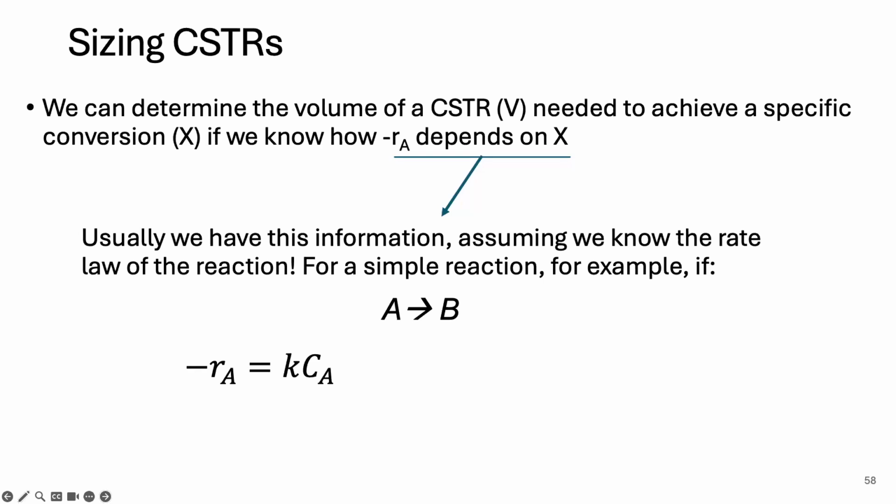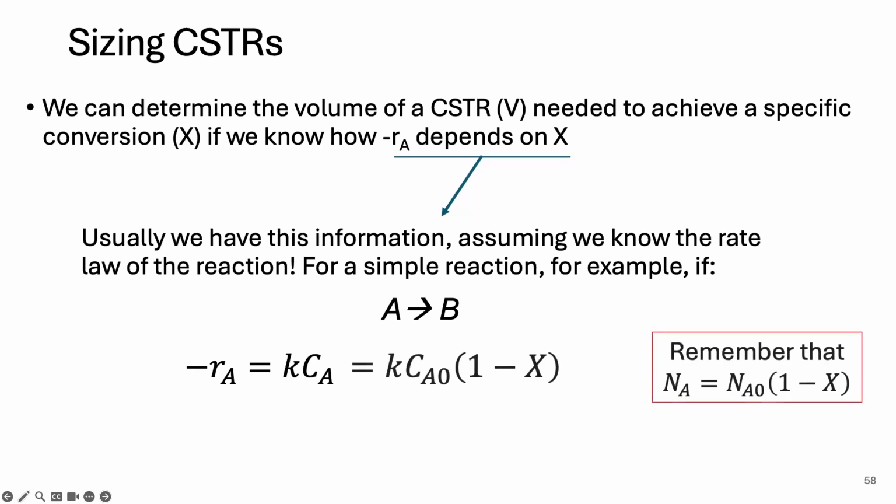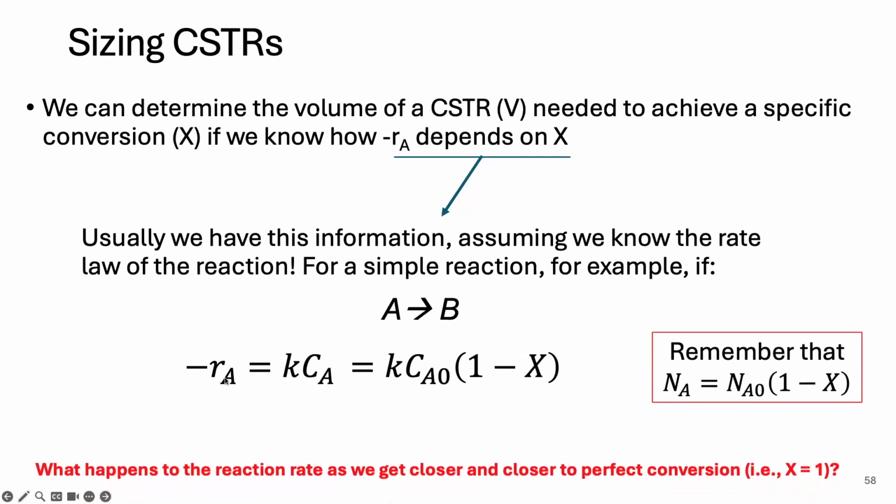This is something usually we know or we can determine using our definition of our reaction rate or our rate law, as well as our definition of conversion. Okay, so we can see that as our conversion changes, it's going to be increasing. Our reaction rate should be changing as well. And in fact, as our conversion increases, concentrations will be getting lower. We should expect that our reaction rate will be decreasing.